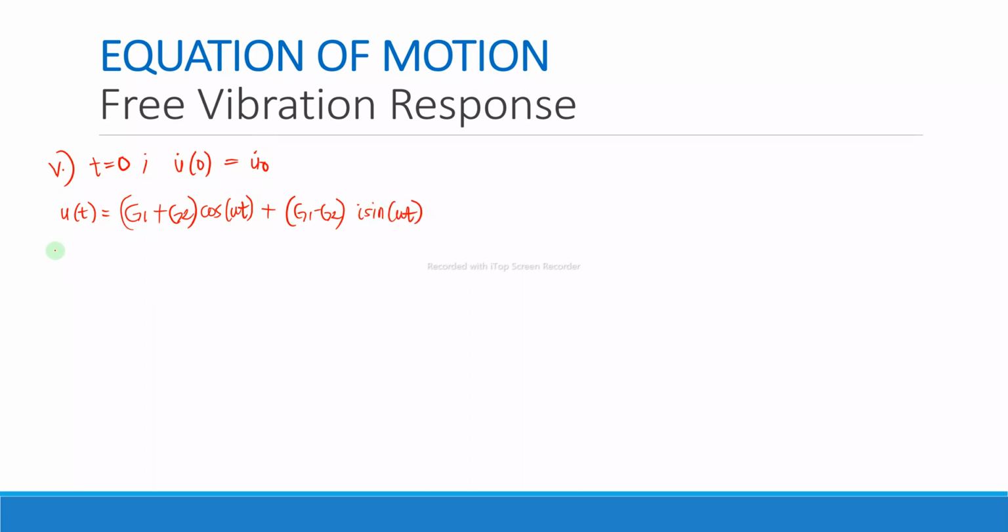Let's just differentiate this. We'll have u dot of t is equal to negative omega times g1 plus g2 times sine omega t, plus omega times g1 minus g2 I sine omega t.